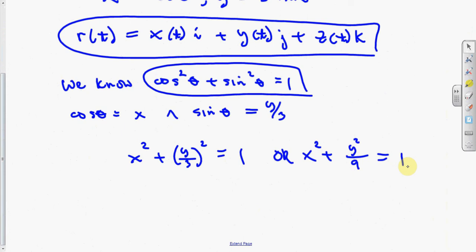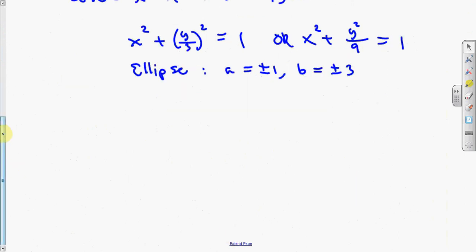What kind of equation is that? It's an ellipse. It's an ellipse with a equal to plus or minus 1 and b equal to plus or minus 3.